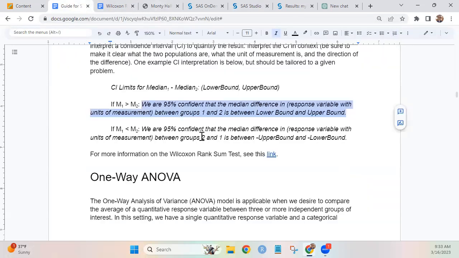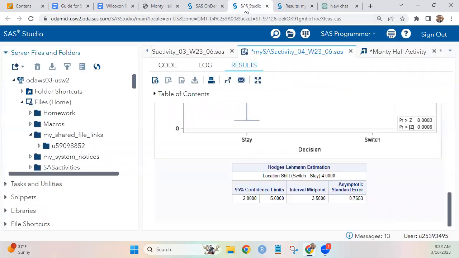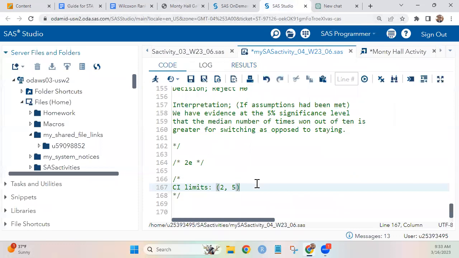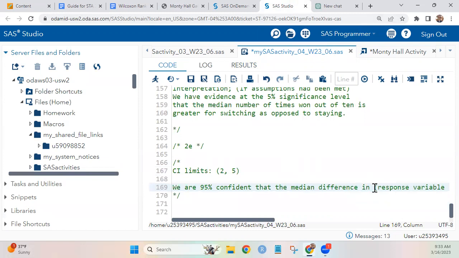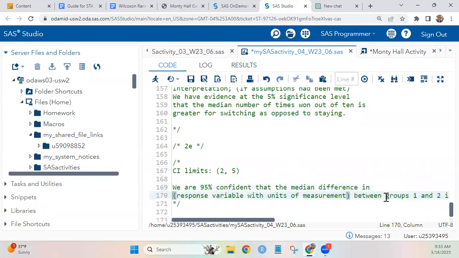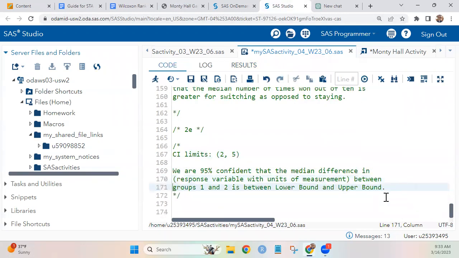I put the negatives here to try and help with undoing the negative if there's negative bounds, but because they flipped the groups for us, now we have to be careful. That's what I was saying. It's a little bit trickier now, but the big thing is to be careful about which group you're saying is higher, and making sure that aligns with the output.